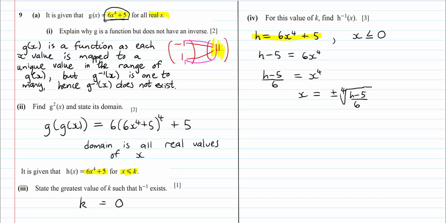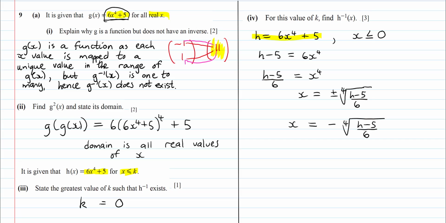But we know that x is less than or equal to 0, so x is going to be equal to the negative 4th root of h minus 5 over 6. And now we just swap the x and the h around.